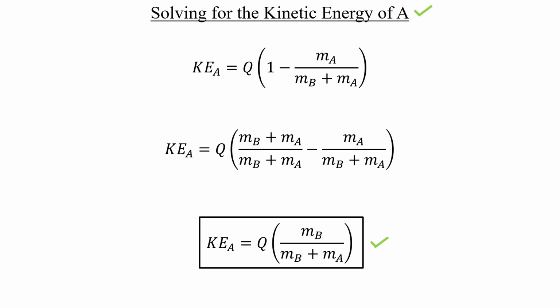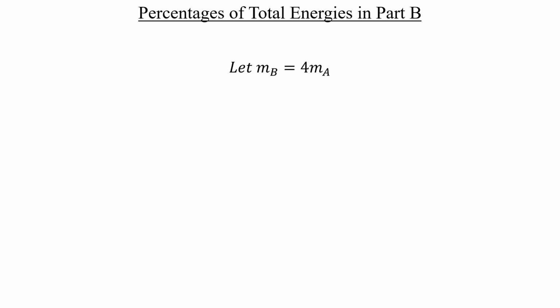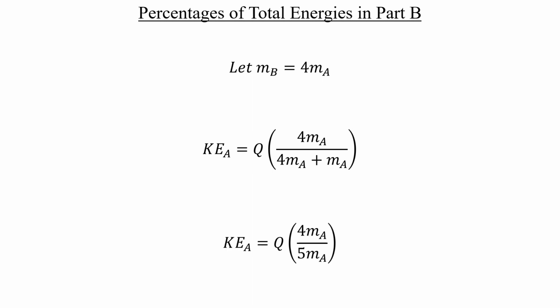In the next part, we're going to let the mass of fragment B equal 4 times the mass of fragment A. Let's start with the kinetic energy of A first. Here you can see that I've replaced the mass of fragment B everywhere in this equation with 4 times the mass of fragment A. The terms in the denominator will sum to 5 times the mass of fragment A, and we can even cancel out the mass variable entirely because it hangs out in the numerator as well as the denominator.